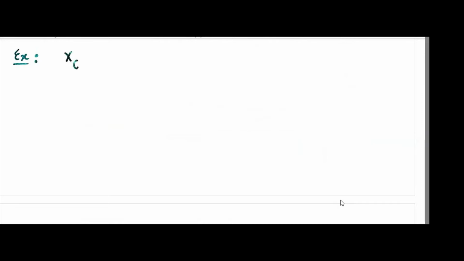Consider this equation, with coefficient -1/6.